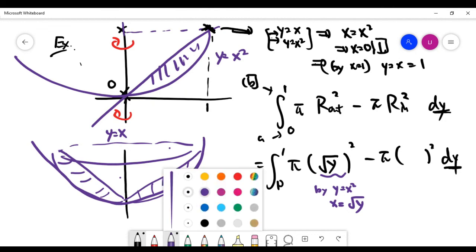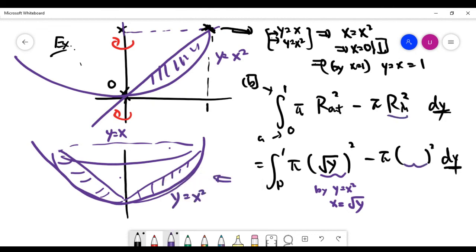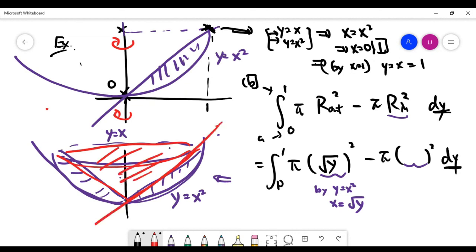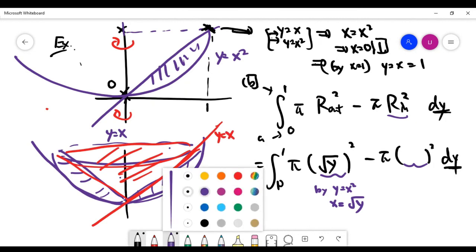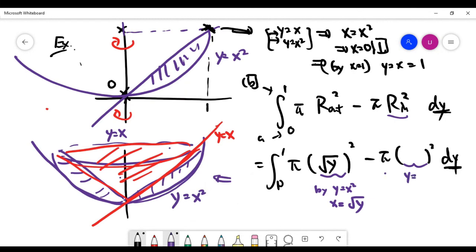Similarly, what is the inner radius? The inner radius corresponds to the empty part that I want to cut out, which is this part. For this solid, it is based on this line, the inner function, which is y equals x. Let me put it in the purple color. This line is easy.